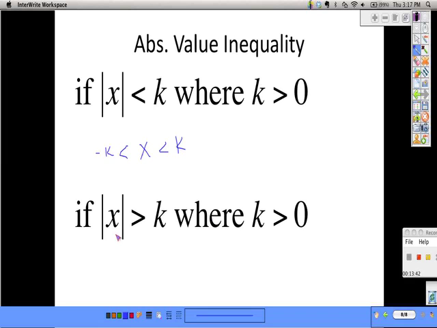If the absolute value is greater than a number, then x either has to be greater than the number, or x could be less than the opposite of that number. And both of these statements hold for less than or equal to, greater than or equal to.